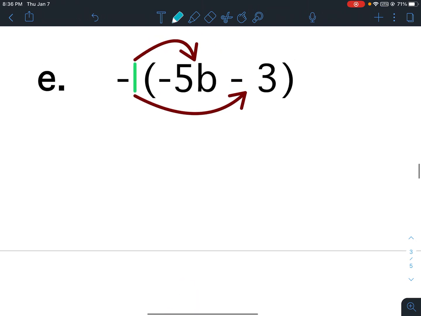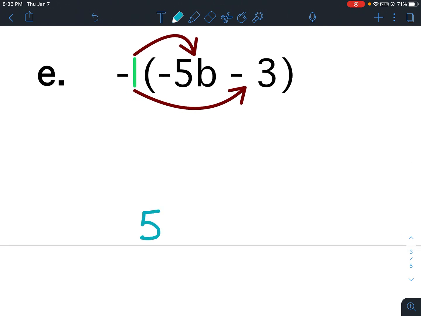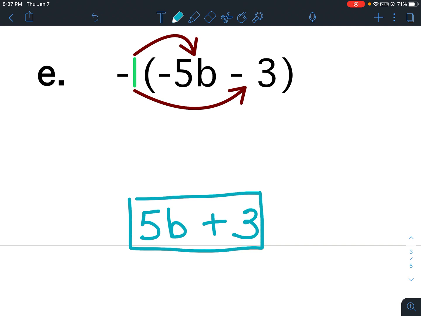So -1 times -5, or the opposite of -5, would be positive 5b. And then -1 times -3, or the opposite of -3, is positive 3. So notice how the digits didn't change, just the signs. The -5 became a positive 5, the -3 became a positive 3.